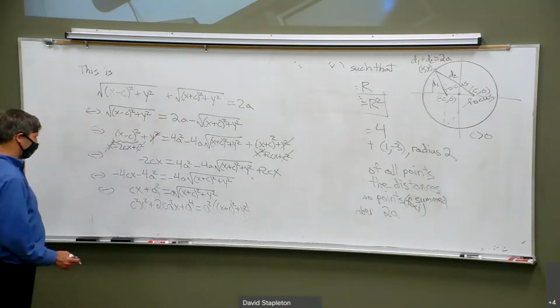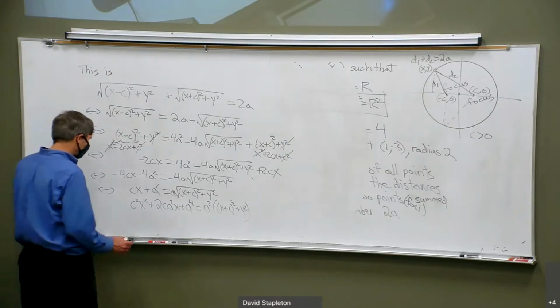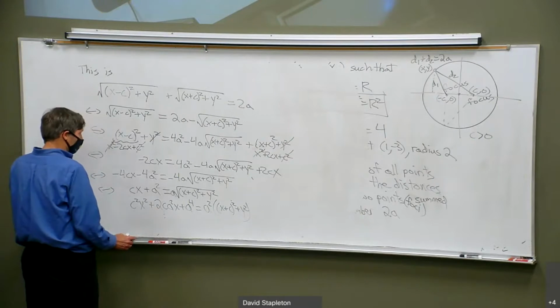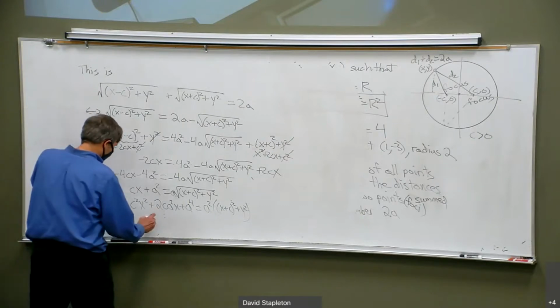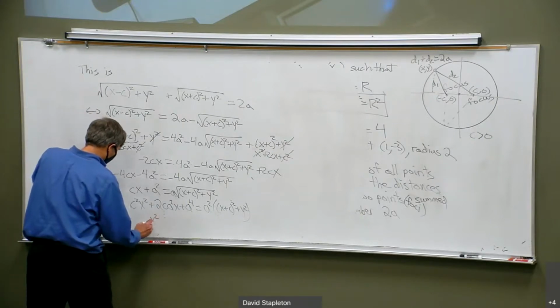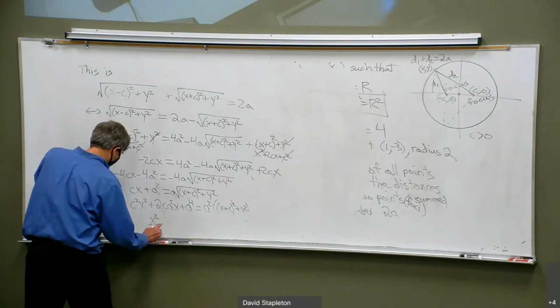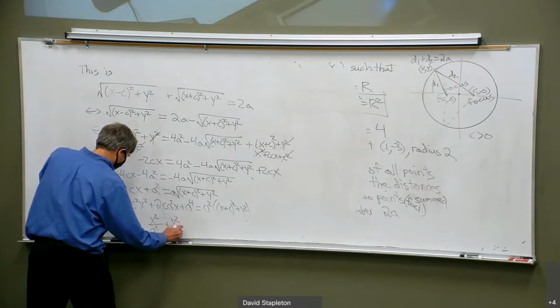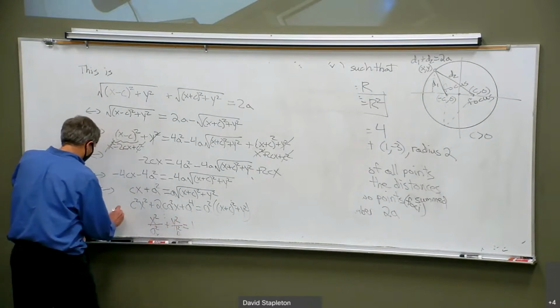When you mess around with this just a little bit, I'm going to leave out the rest of the algebra. You can work this down where it actually says x squared over a squared plus y squared over b squared equals 1. I'm leaving out the algebra here in order to make it not take too long.